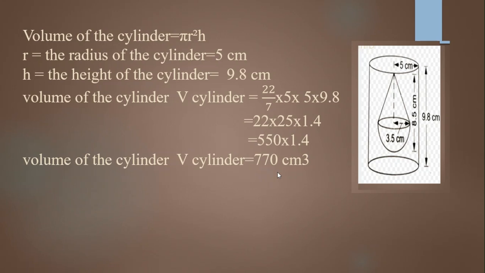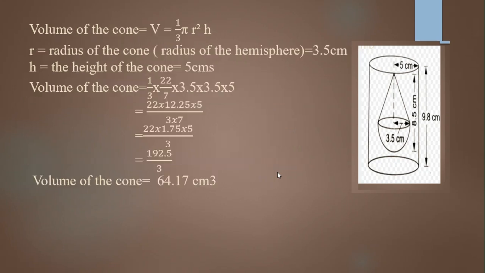Now we are going to find the volume of the solid. The solid is not a single shape; it is in the form of two shapes: a right circular cone and a hemisphere. First we need to find the volume of the cone. The volume of the cone is 1 by 3 pi r square h, where r is the radius of the cone, which will be equal to the radius of the hemisphere.